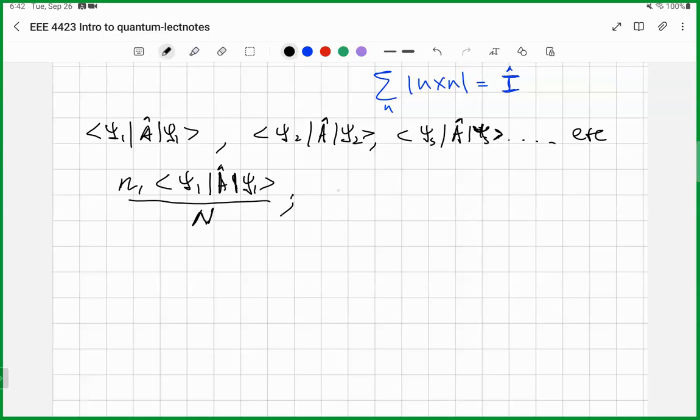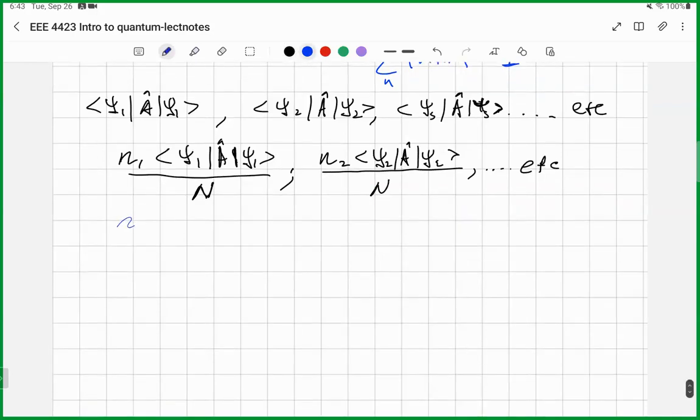For the second possible state, I have n_2 <psi 2|A|psi 2> over n, etc. The n_3 and n_4 and so on, so that n_i over n is the probability p_i of state i.